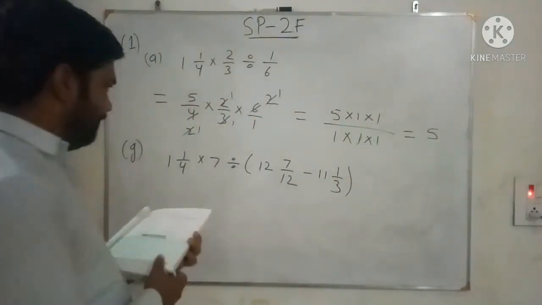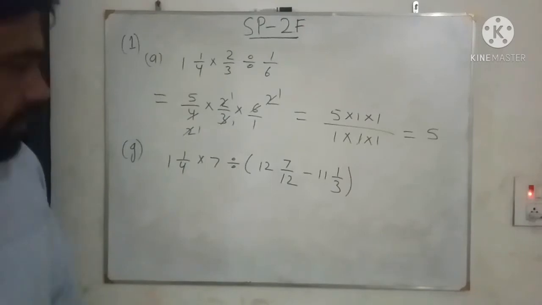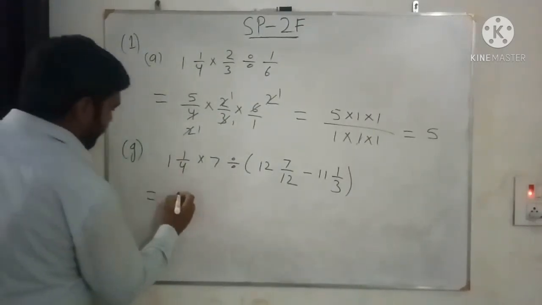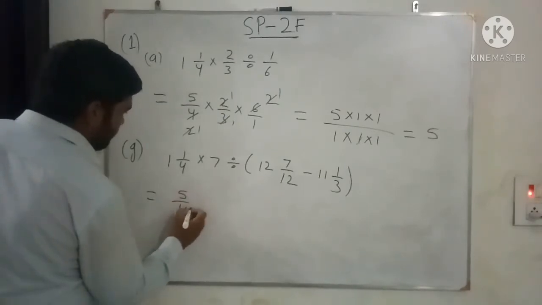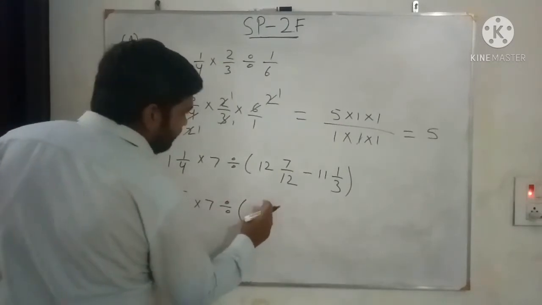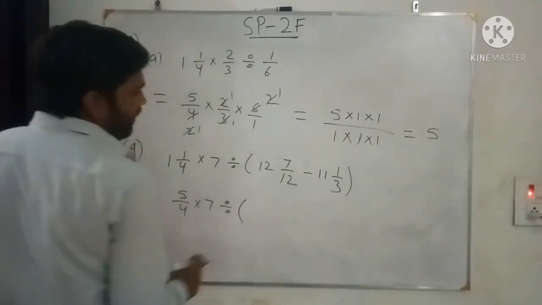See how we do this question. 4 ones are 4 plus 1, 5 by 4. Now 12 twelves are 144.